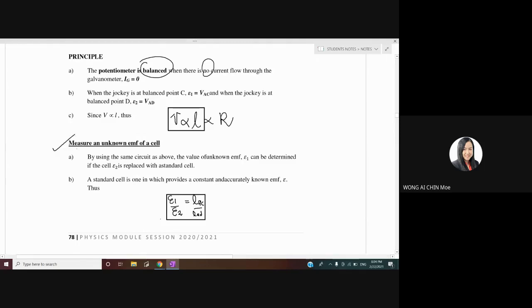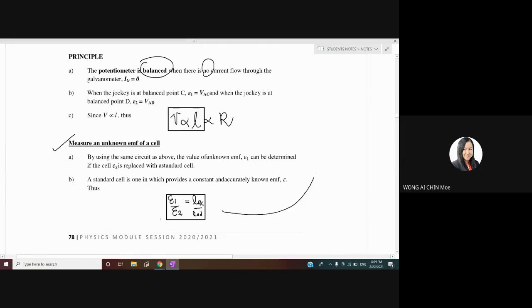Next, the function of the potentiometer is to measure an unknown EMF of a cell. Using the same circuit as above, the value of the unknown EMF, epsilon 1, can be determined if epsilon 2 is replaced with the standard cell. This is the measurement I taught you just now.